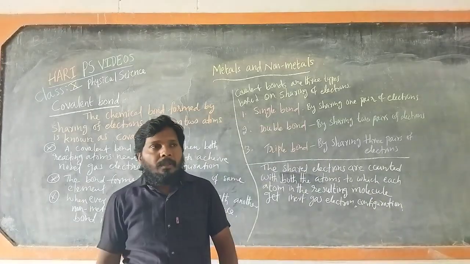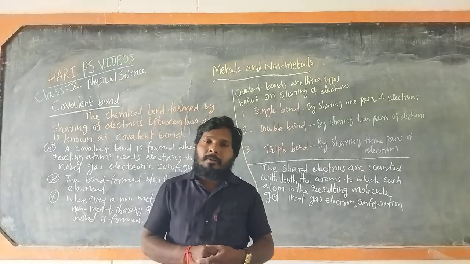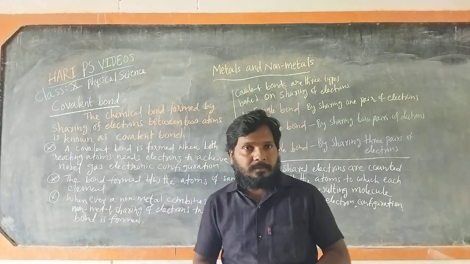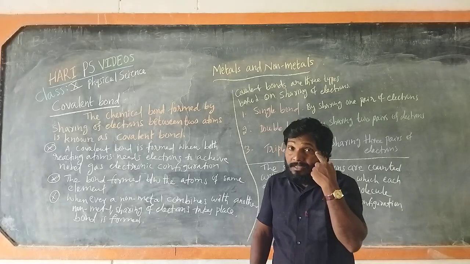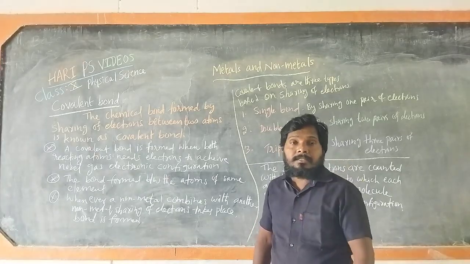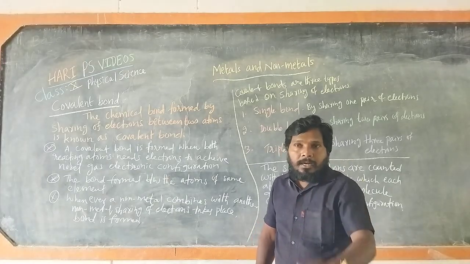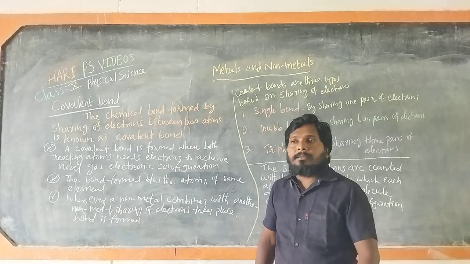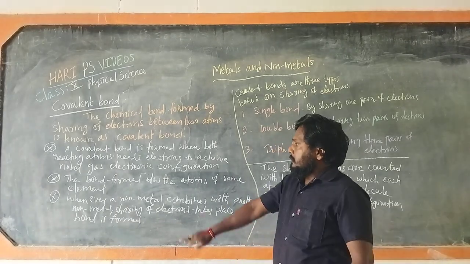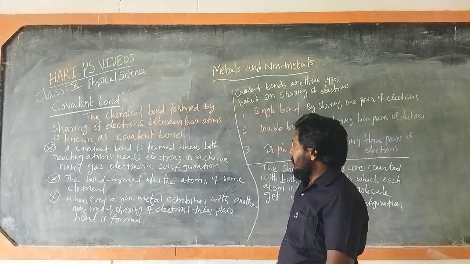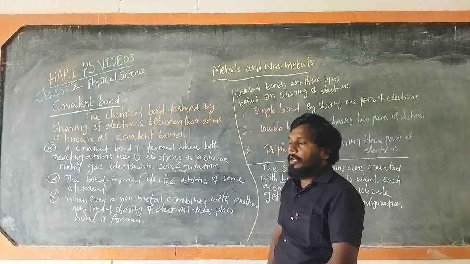As we know, every atom or element needs to get stability. As earlier we discussed, atoms get stability by losing electrons, by gaining electrons, and by sharing electrons.